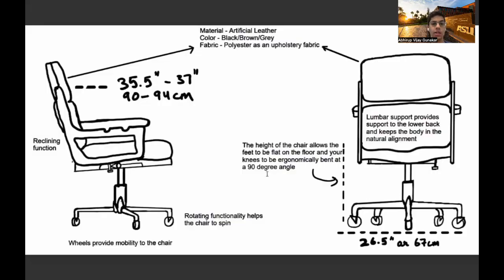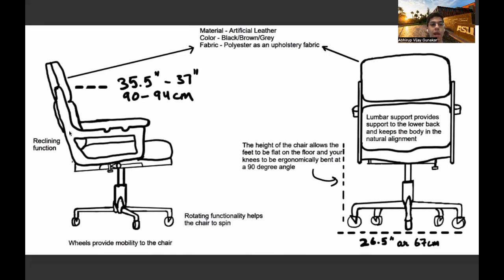While designing this chair, I thought it to be a really simple design yet effective. So I just designed it as a basic office chair, but just adding some features which the normal chairs don't have. So I added the reclining function.